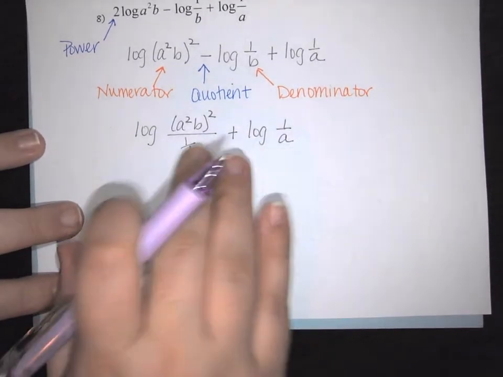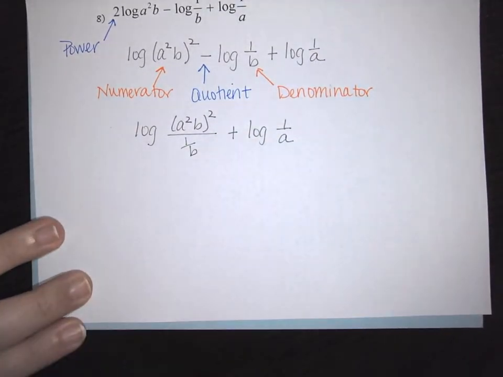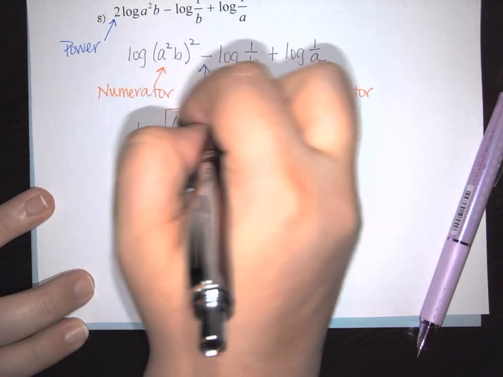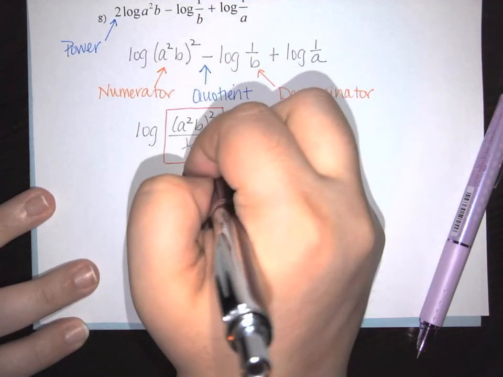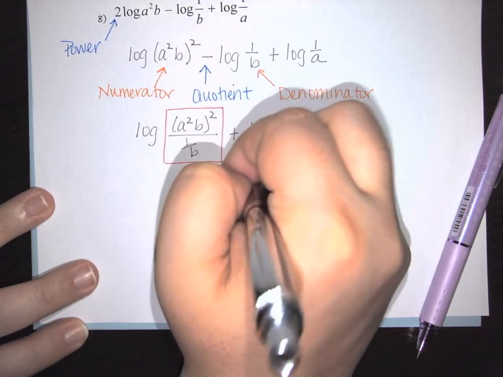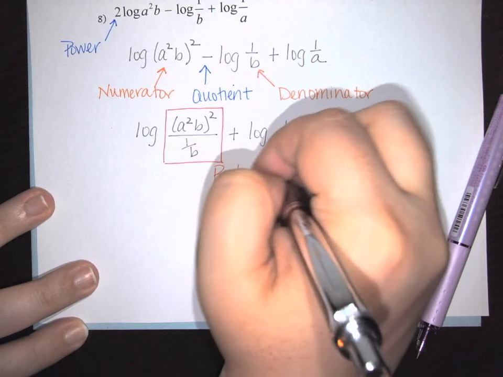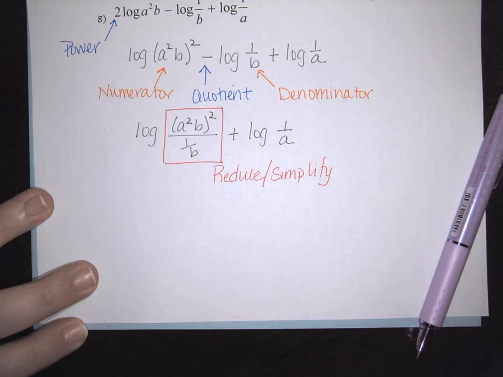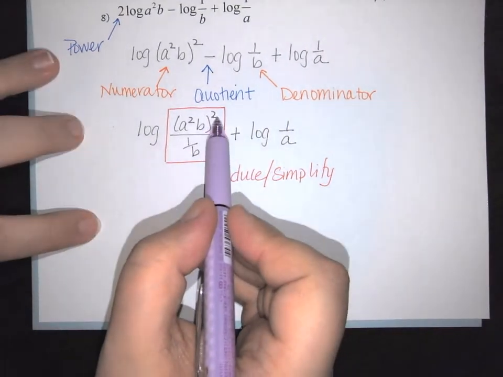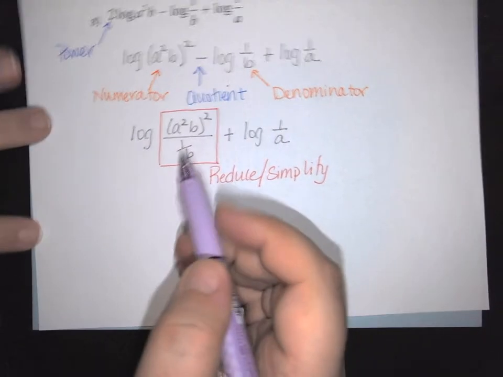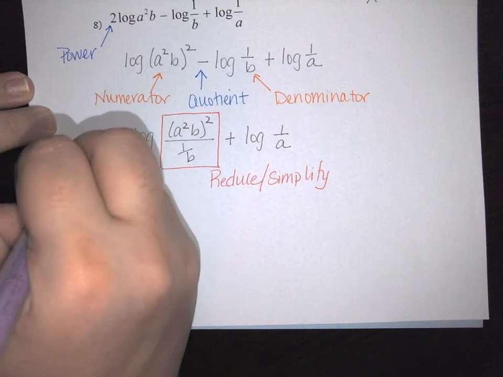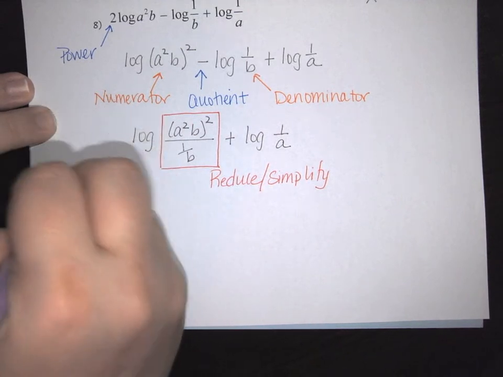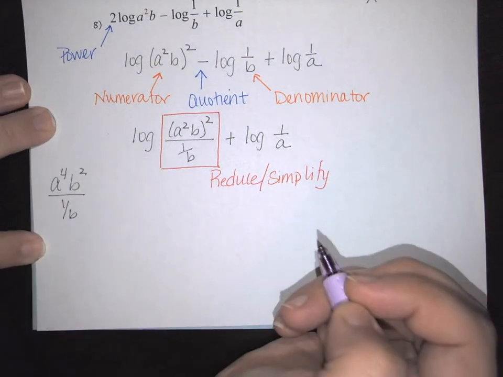Now before I do my next property, what I need to do here is I'm going to take this fraction and I need to reduce and simplify. So here, first thing I need to do is apply my powers. So off to the side here I have a to the fourth b squared, and the whole thing is over 1 over b.